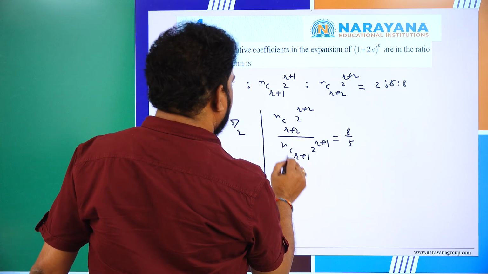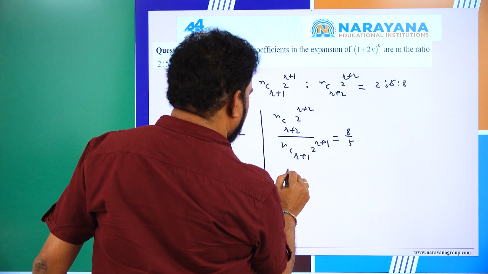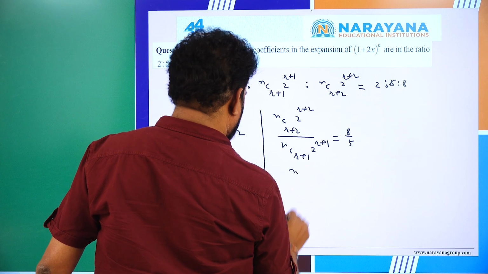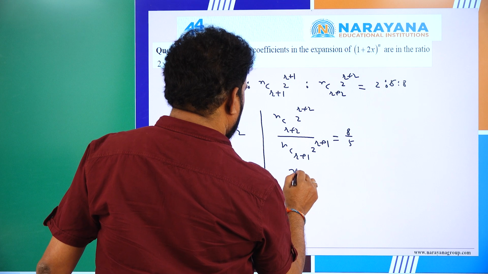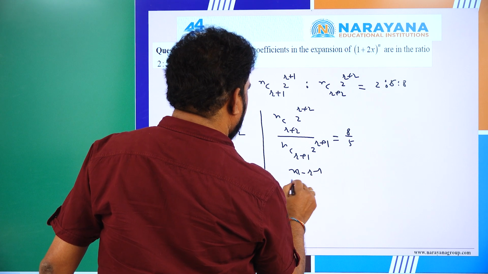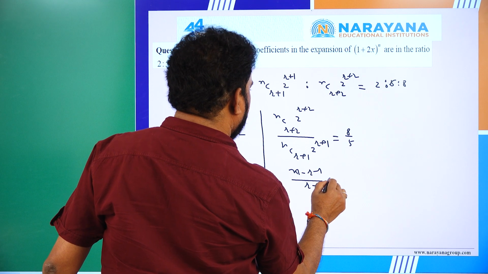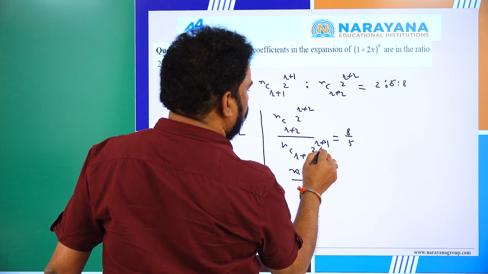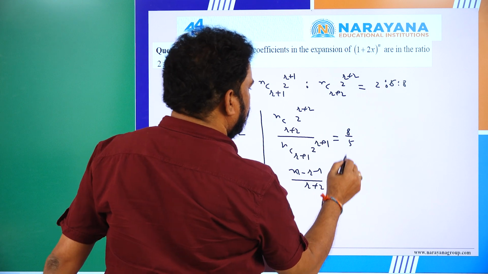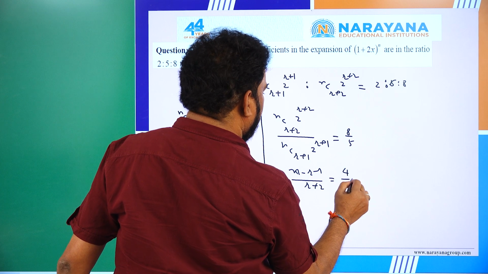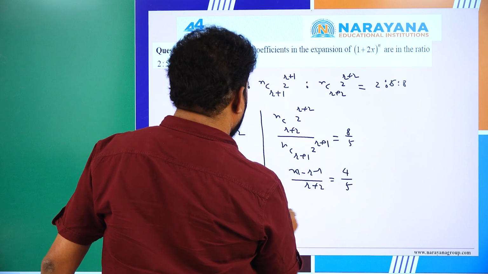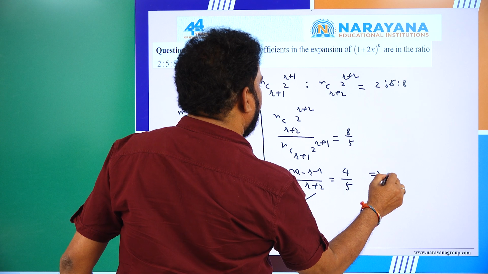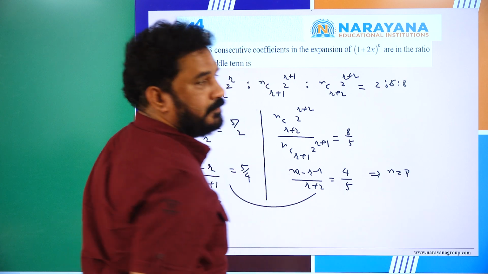So again this is (n minus r minus 1) by (r plus 2), and again 2 will be there, the 2 and 4 cancel, it becomes 4/5. So by solving these two equations, we will get n is equal to 8.